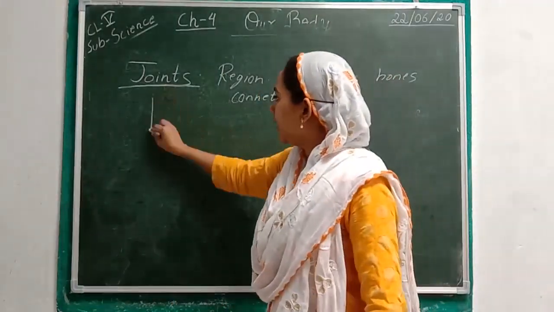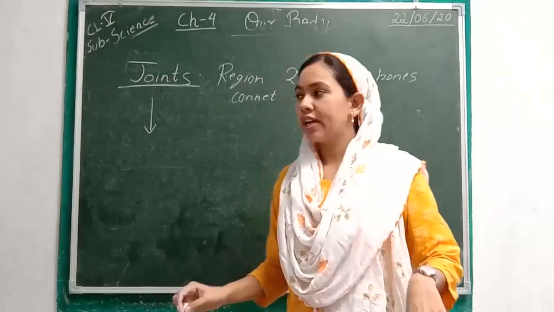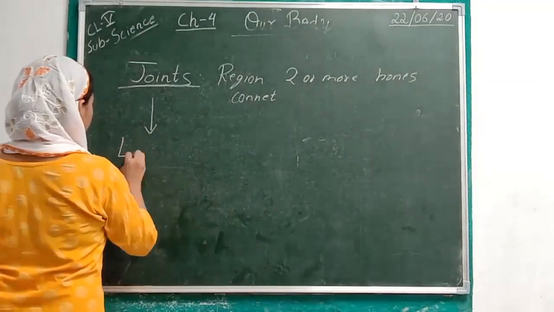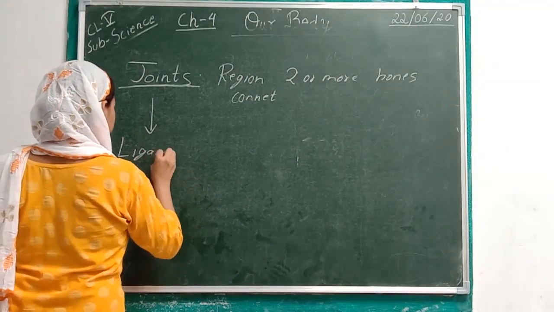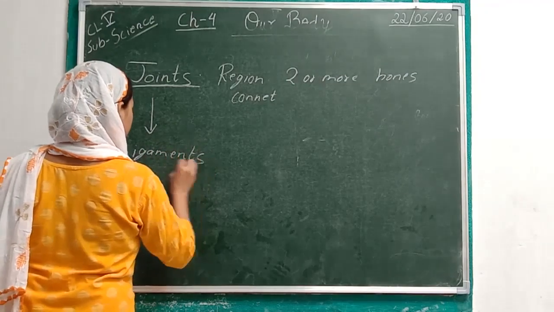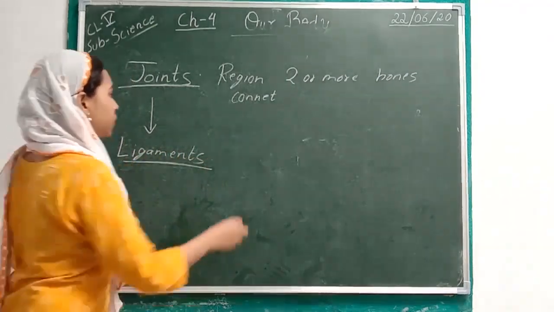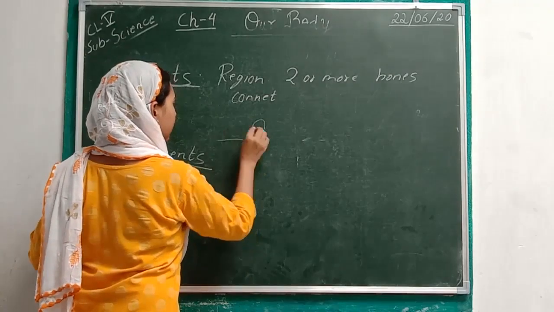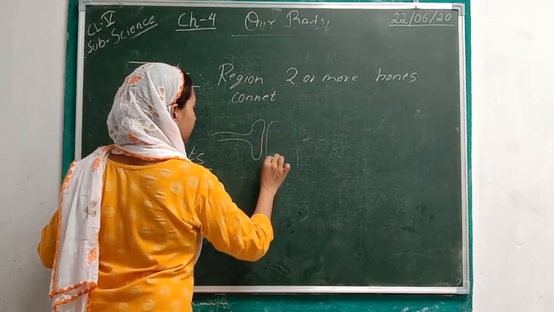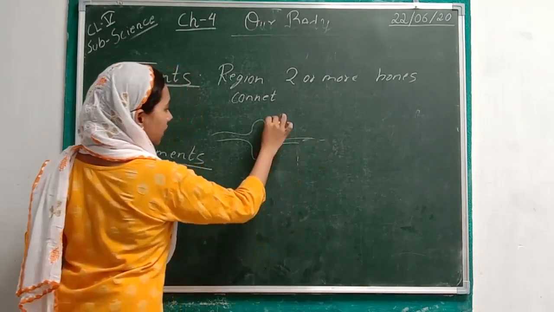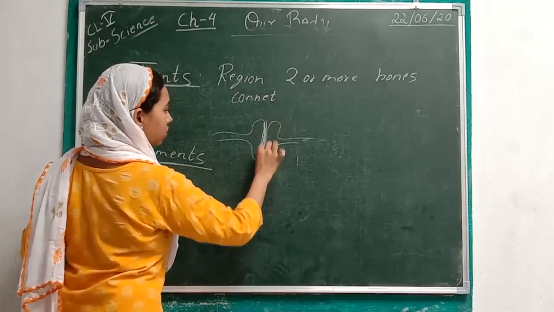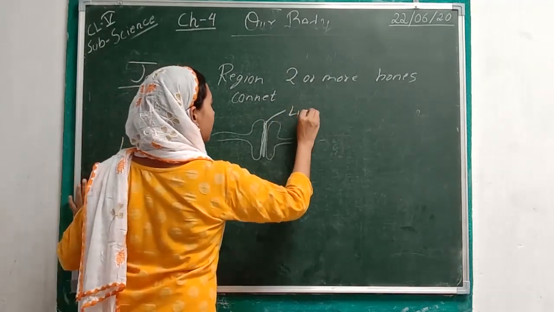These joints are held together by some loose kind of tissues known as ligaments. Suppose two bones are here like this, just a rough image. In the middle you will find some tissues, and that is known as ligament.